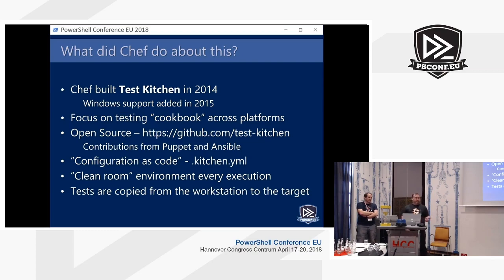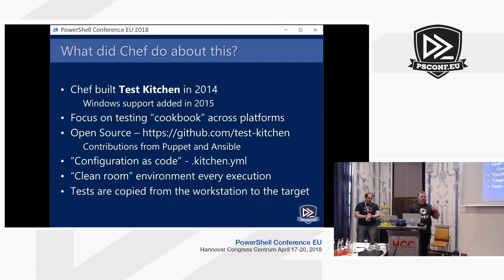We've been lucky enough to have contributions from Puppet, Ansible. I think Salt have made some contributions as well. We applied a configuration through code. So there's a code file that is driving the configuration. And the important thing about Test Kitchen is we're looking for a clean room environment every execution.